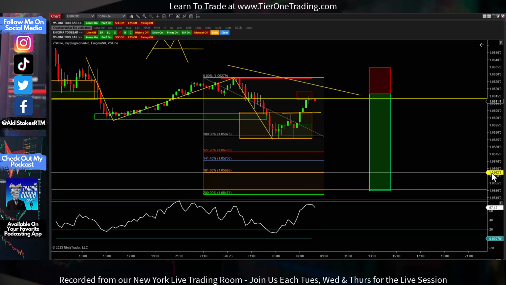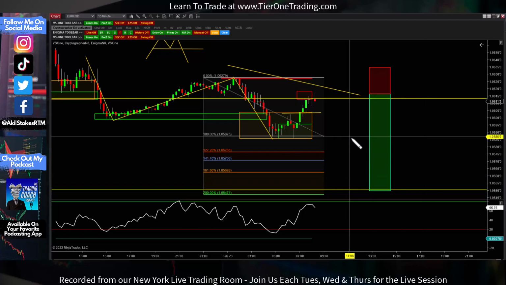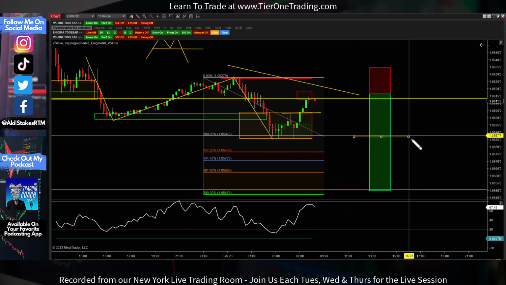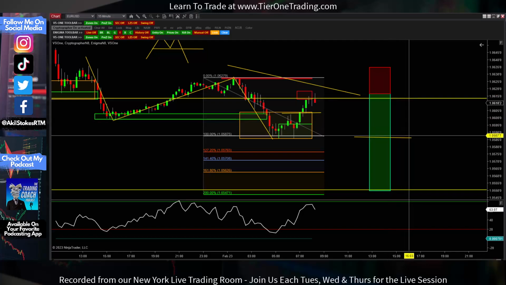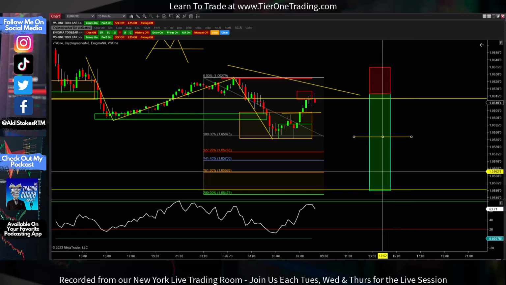Well, again, following up on more conversations we had during the week, how about splitting up our targets? What if we take a half position off at a retest of the lows? Or a portion of our position, could be half, could be quarter, third, whatever you want to do, depending on how you want to manage your risk and how you value this trade. What if we take a portion off here and then take our secondary portion off here?